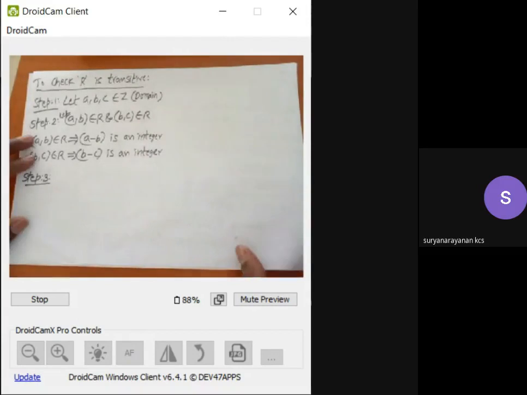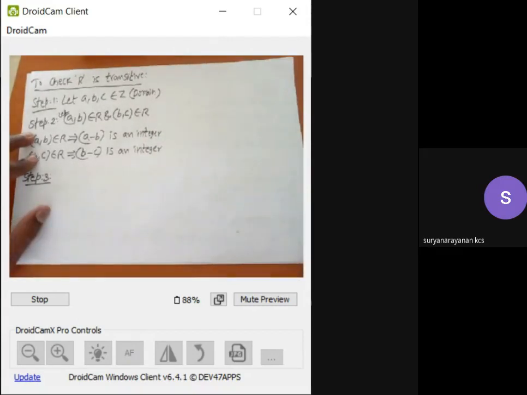So how do you write that notation? Ordered pair (A, C) belongs to R means, how do you write that? Sir, A minus C is an integer. Yes or no? A minus C is an integer.